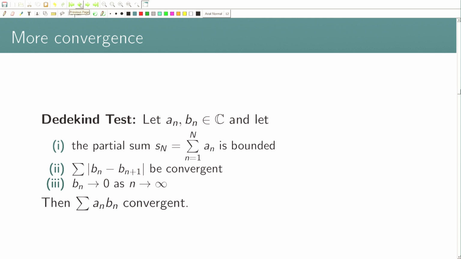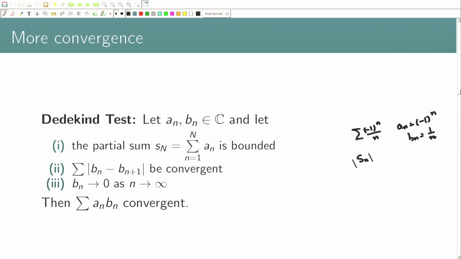For example, like in the previous case, if we take the series minus 1 to the power n by n, then A n is equal to minus 1 to the power n and B n is equal to 1 by n.